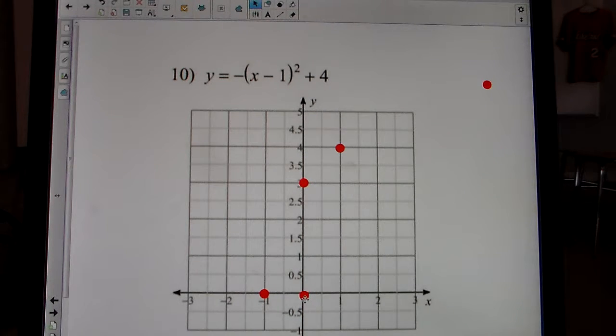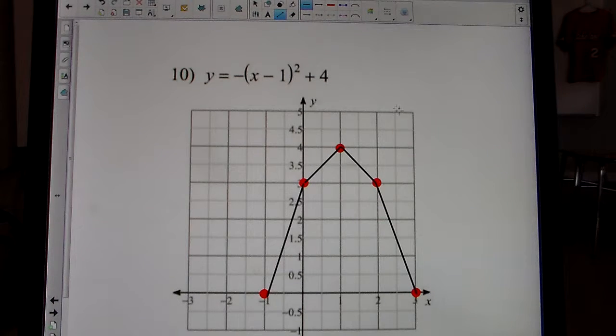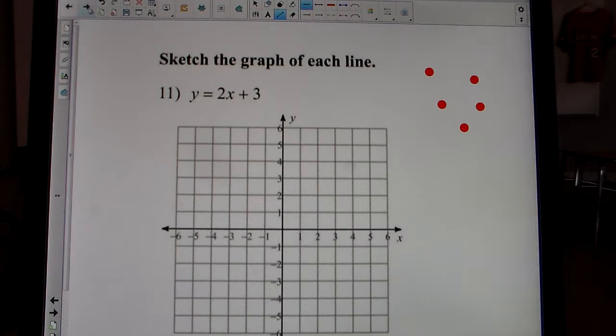The other coordinates are 2, 3, and 3, 0. Then we connect them. That's what the parabola for number 10 looks like.